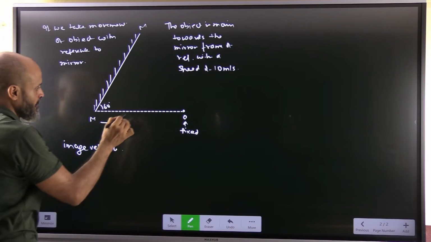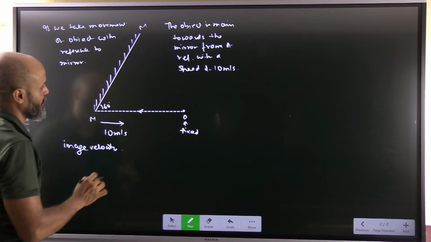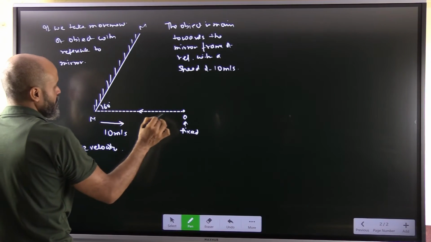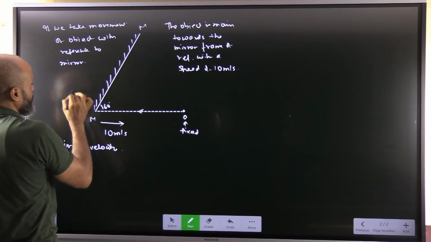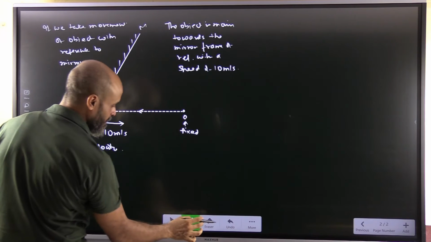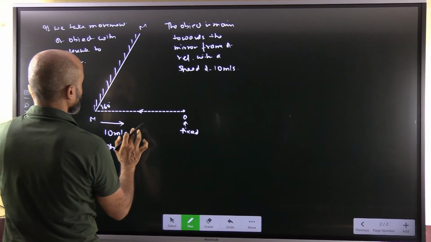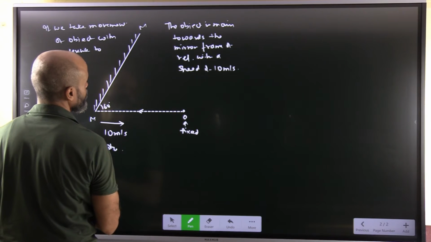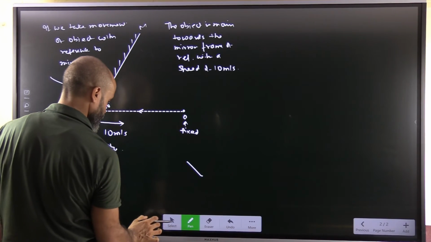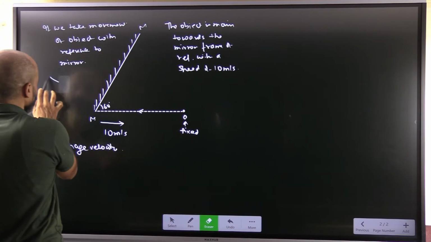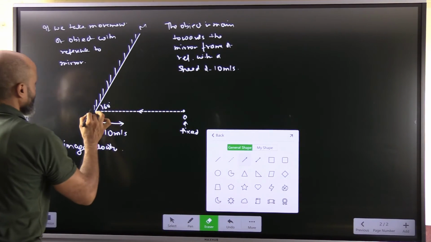Now if I take the object to be moving towards the mirror with a speed of 10 meter per second, what will happen? Obviously if it is moving like this, there will be an image. The image will be formed somewhere here, at the same angle.